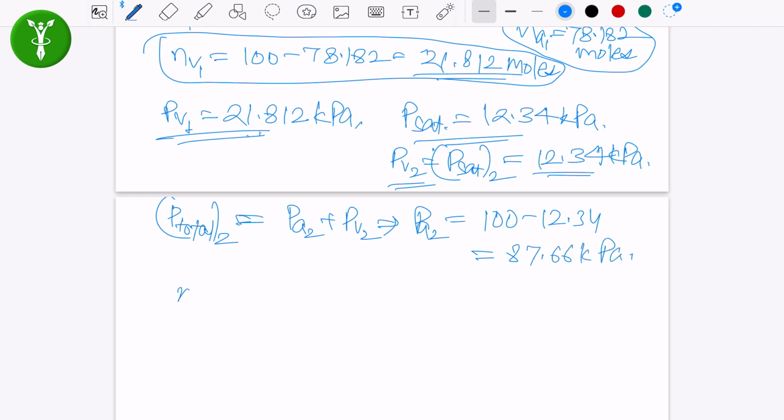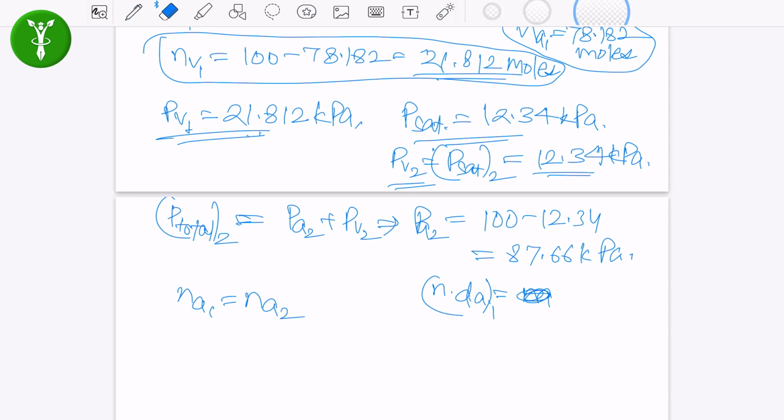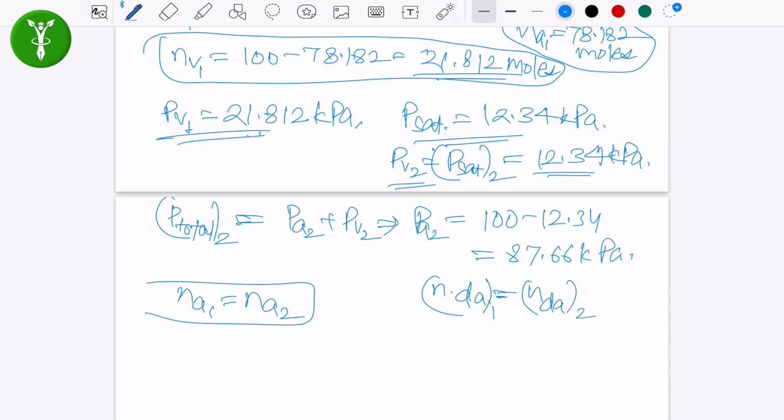So what I have told you is that the number of moles of dry air will always be equal. It will not increase or decrease. What will increase or decrease is the number of moles of water vapor. So Na1 equals Na2.